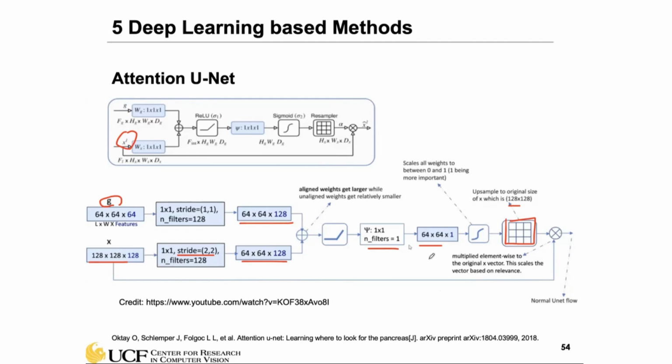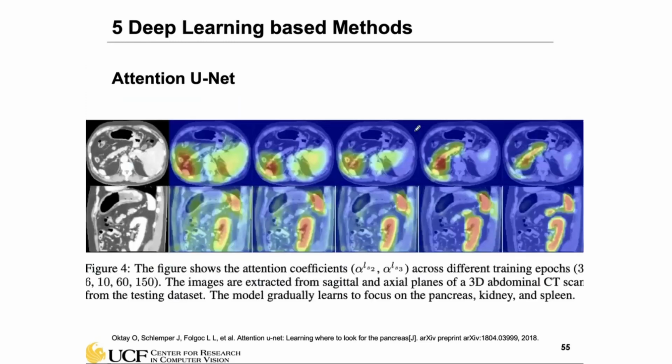So that's the attention mechanism. If you go to this figure here, you have this attention map, then you multiply it with the feature map from the encoder side, and you get this weighted feature map. Then you can combine it with the decoder feature G. So this is the attention mechanism from the attention unit.